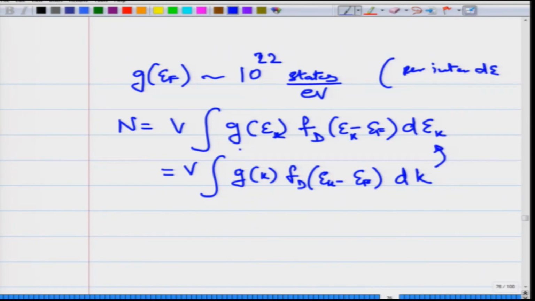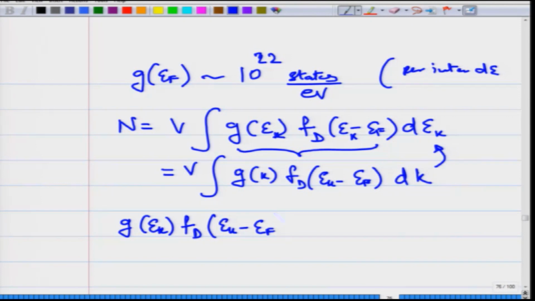And here there is a product of the density of states at energy E_k into the Fermi Dirac distribution (E_k - E_F), or you can also replace it by the chemical potential mu.